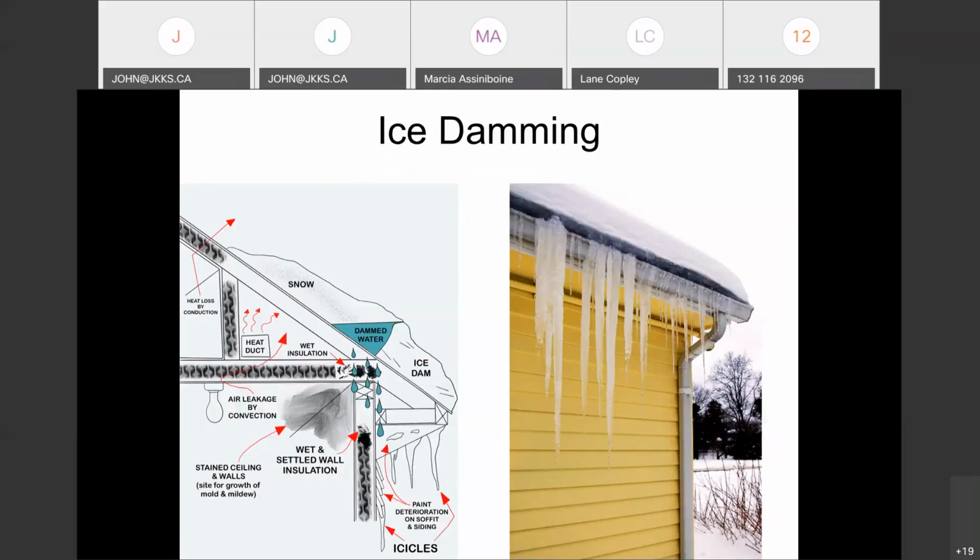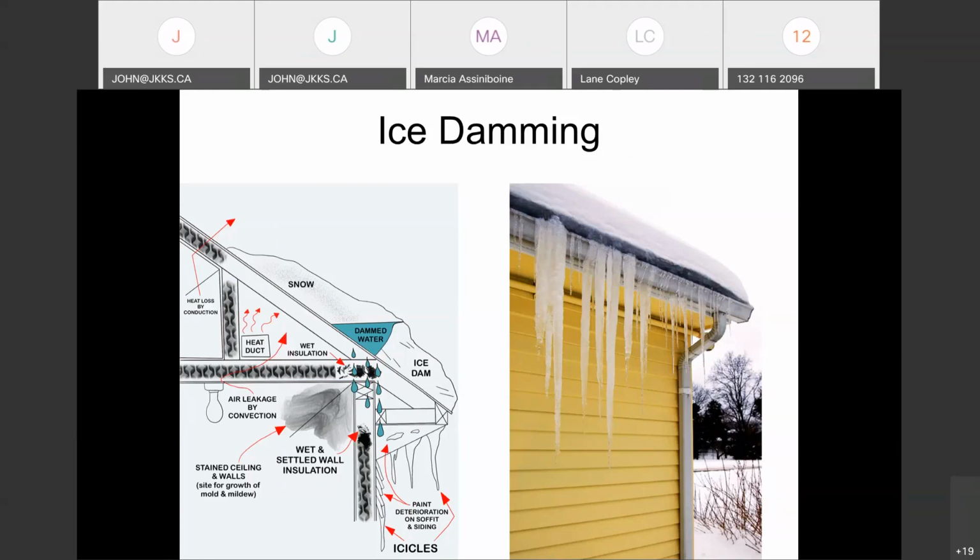When we take a look at the image to the left, we can see some of the causes of the ice damming. I mentioned air leakage, possibly around a lighting fixture, so that's an air leakage spot, the potential for a heat duct being located in that space, or heat loss by conduction through possibly a finished attic space.